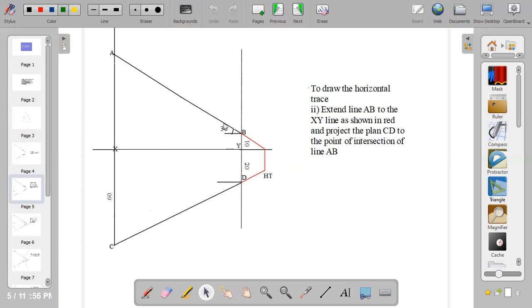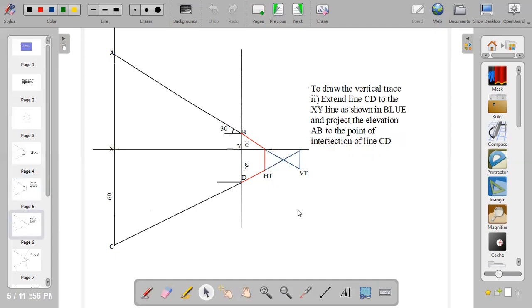You have projected AB to rest on the XY line. From this point, drop a perpendicular line. Then you also come to line CD, extend it to touch the perpendicular. So the point where they meet is called the HT, which is what? Horizontal trace.